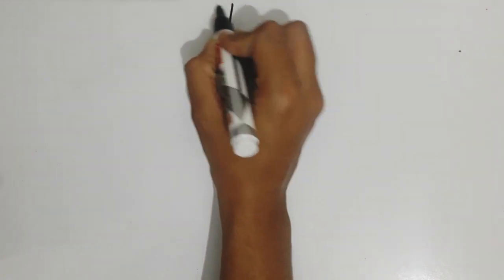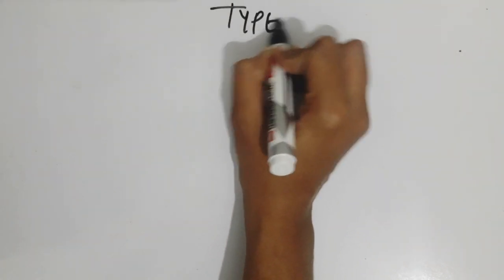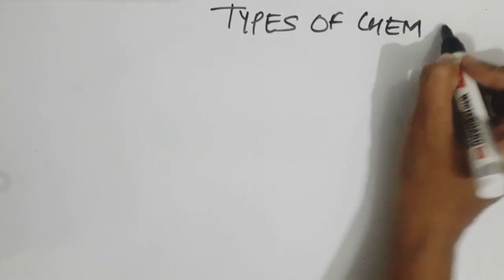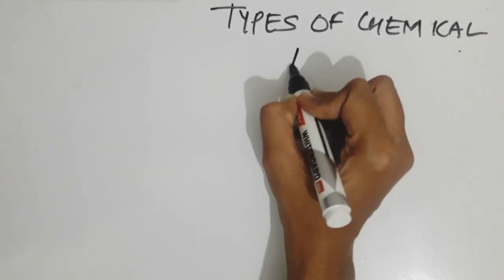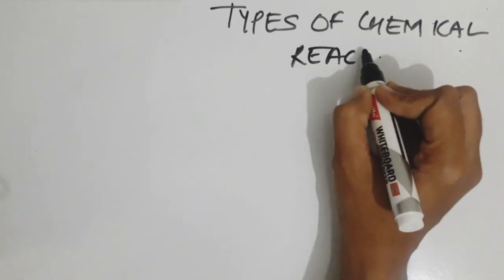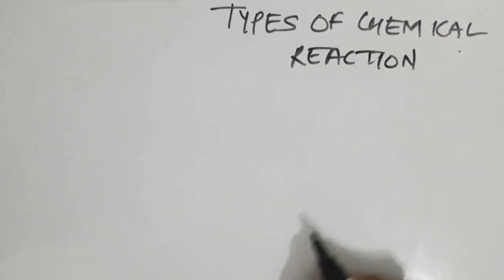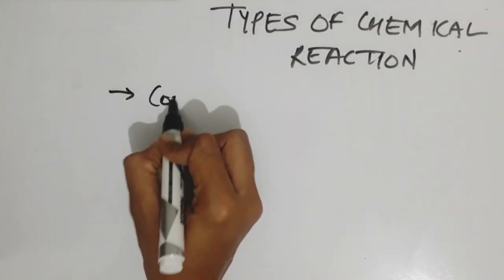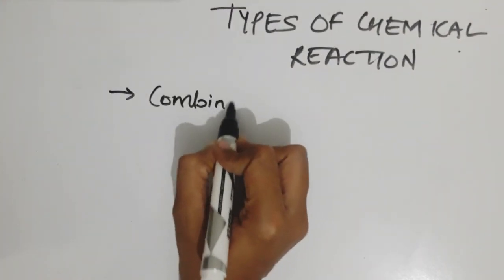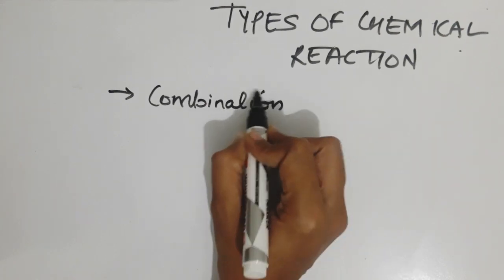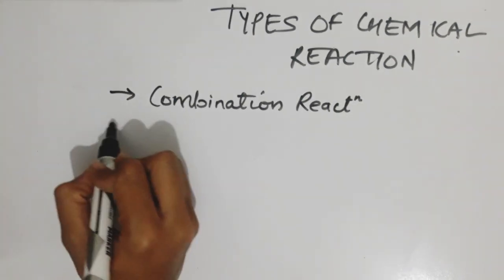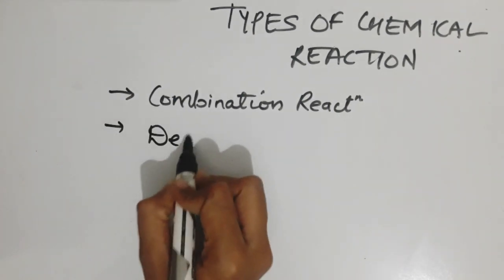So this video is basically on types of chemical reactions. Now there are various kinds of chemical reaction. The first reaction is combination reaction. Then we have decomposition reaction.